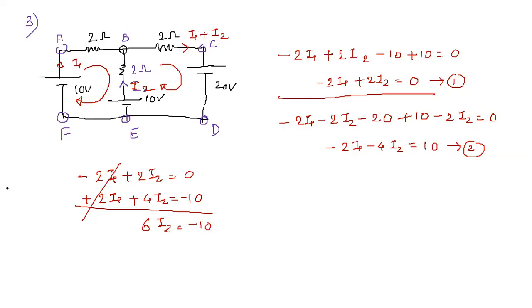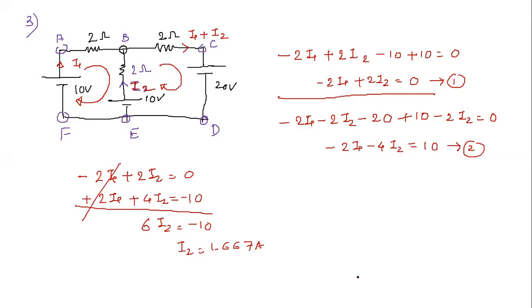Dividing by 6, it comes out 1.667 ampere. Minus 1.667.